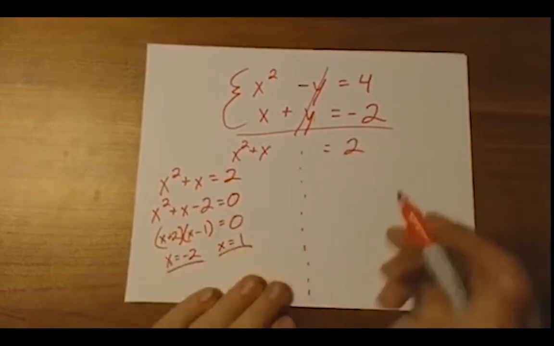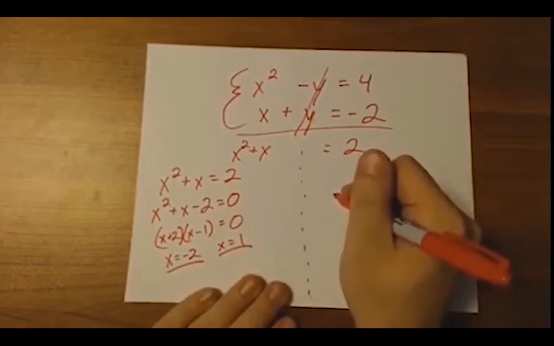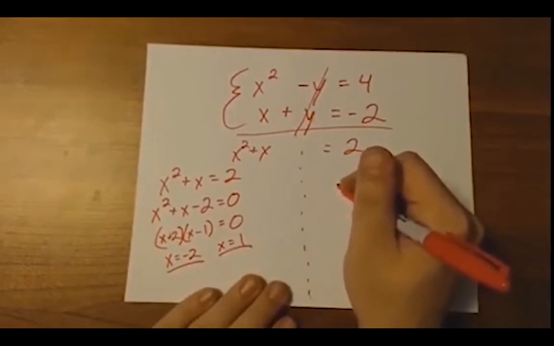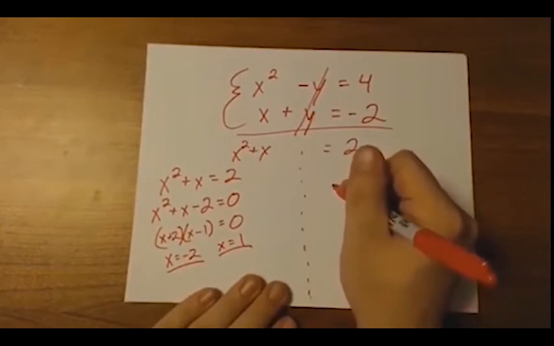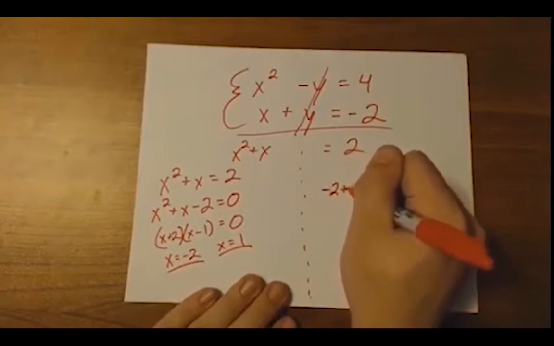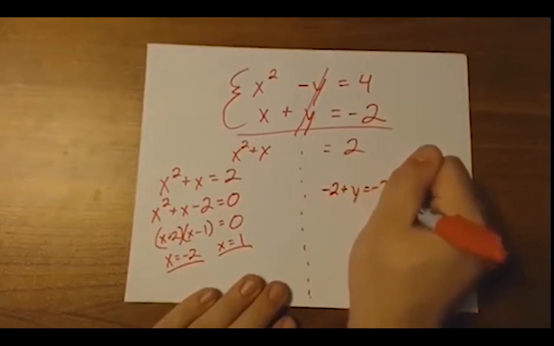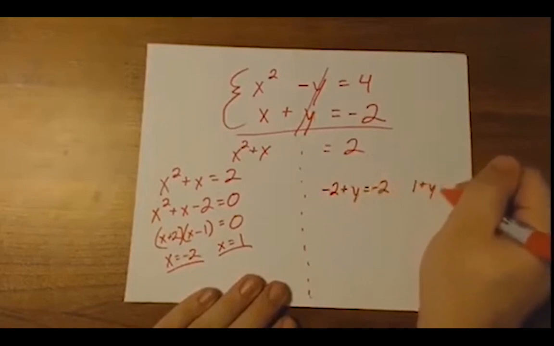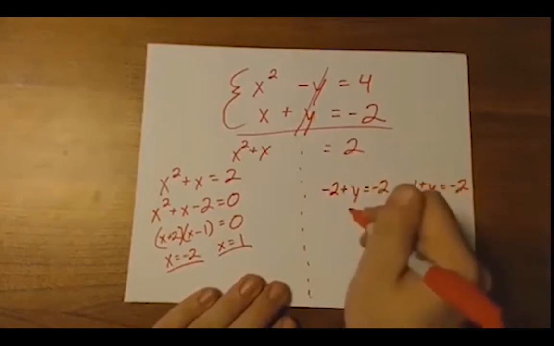We need to take both of these x's, plug them back into one of the equations, and solve for y. So, -2 plus y equals -2, but also 1 plus y equals -2.